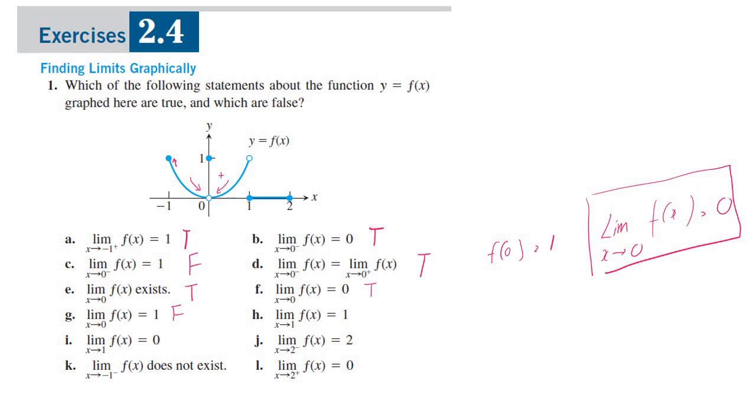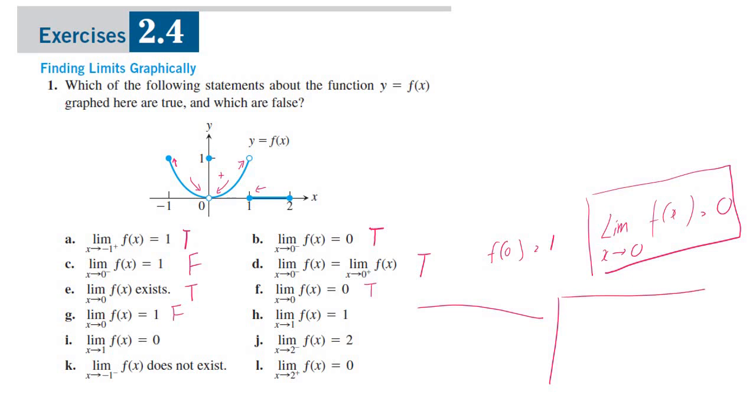Then H, the limit as x tends to 1 of f(x). So as x tends to 1 from the positive side, we see the limit is 0. From the negative side, the limit is 1. Let me write that for clarity.